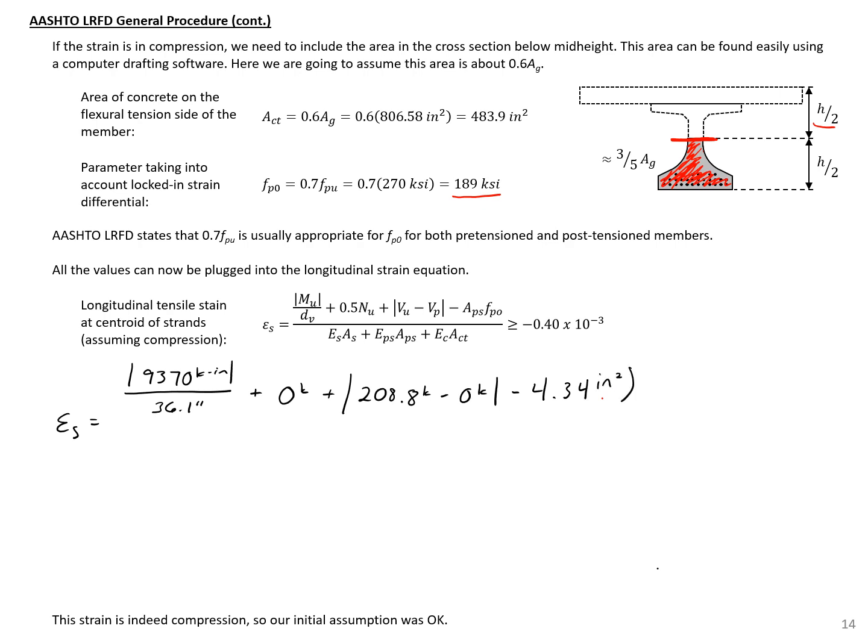We're only considering the bonded pre-stressing at this point, not our debonded strands. And then times our 189 ksi.